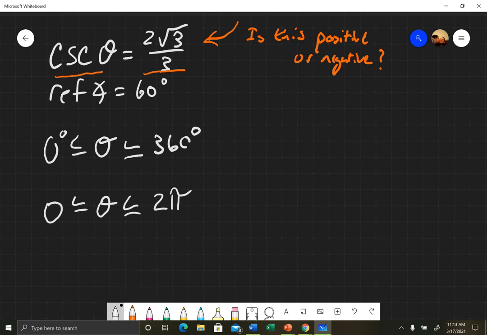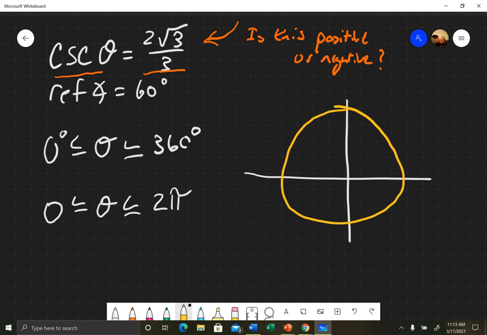So if we go about and we draw out our coordinate plane, and again, you guys are dealing with my drawing skills, which are not the greatest in the world. We're dealing with the cosecant, right? And so we're dealing with, let me draw my quadrants in here.